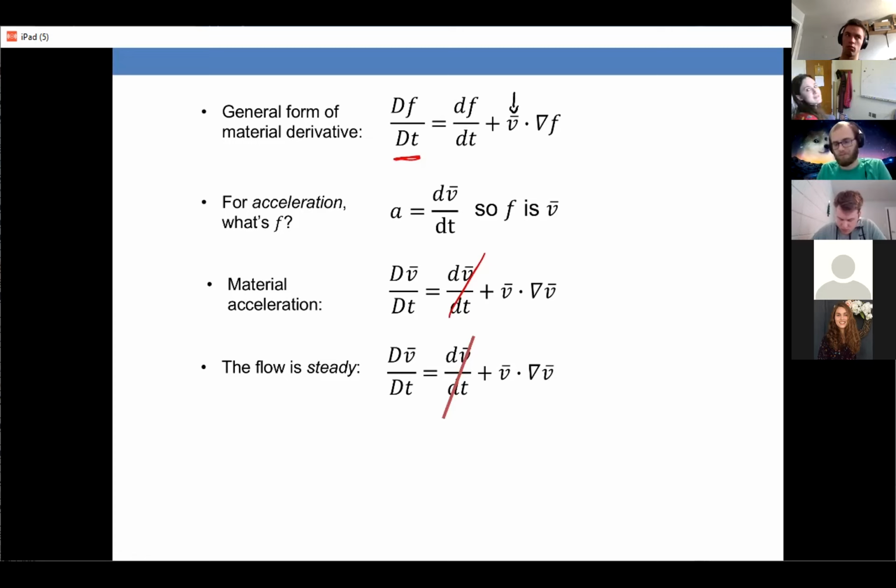Whereas if I'm moving in this direction, my temperature is going from 300 to 200. So that's what dotting it does. The velocity says what direction I'm moving in, and the gradient of f tells me how it changes in the direction I'm going. If I'm moving this way, my temperature is going up. If I'm moving this way, my temperature is going down. That's what the velocity part does.